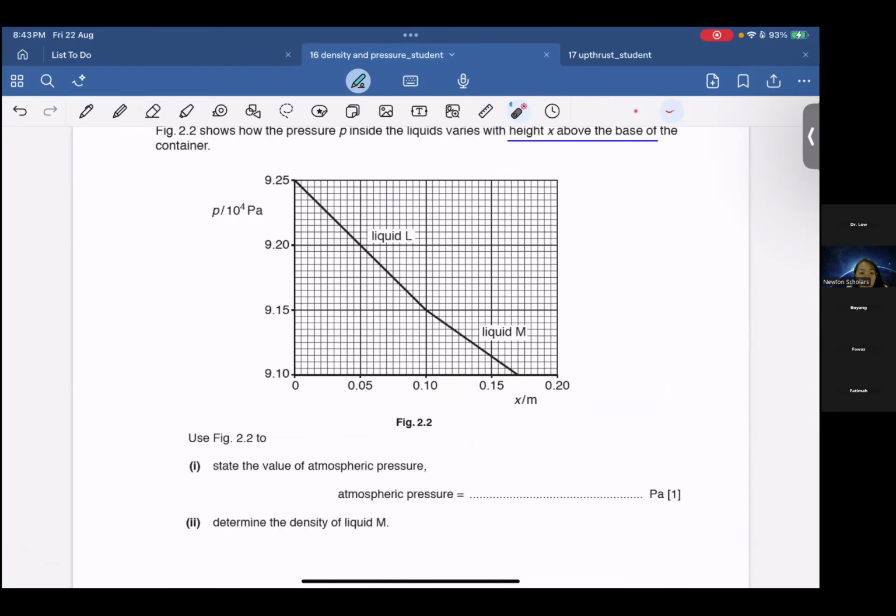Okay, here, can you tell me from the graph, what is your atmospheric pressure?